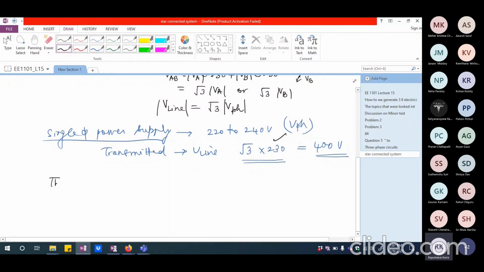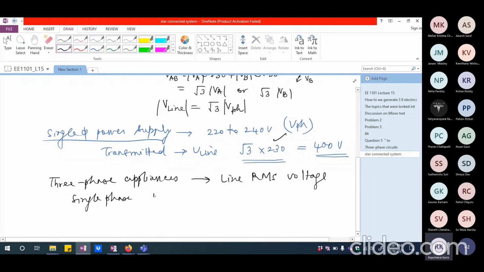The three-phase appliances always mention the line RMS voltage, but single phase appliances normally specify phase RMS voltage. Many of them will specify only phase RMS voltage.